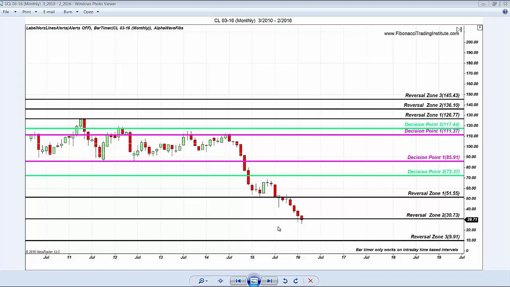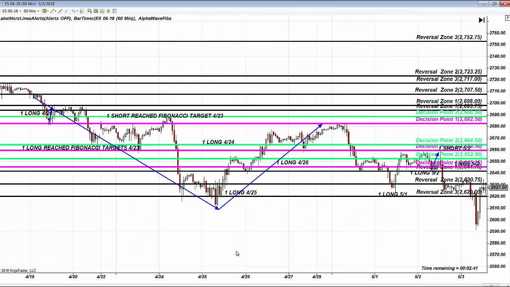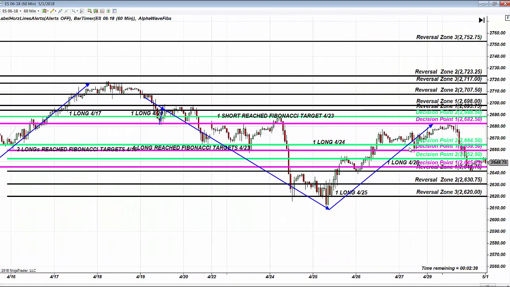Ultimate point of entry, trend inception. Every time. The same exact strategy, exact same formula, which also played out in our day trading room multiple times throughout the months of April. This is a chart from day trading room.